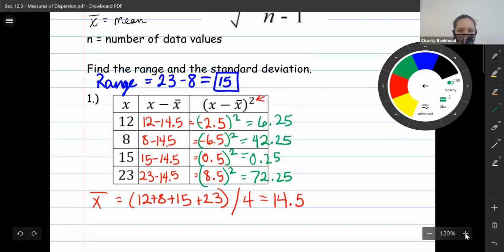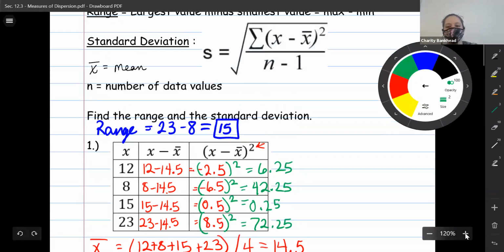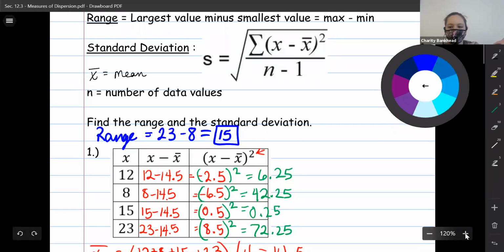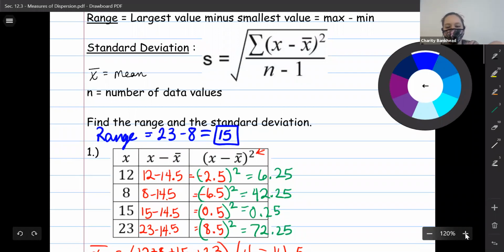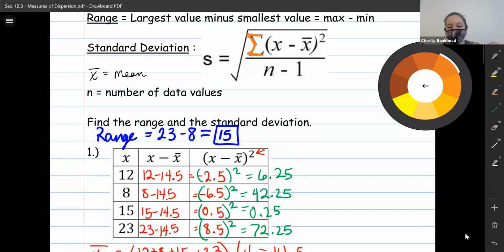All right. So then what we're going to do, this big symbol here that looks kind of like an E, that's actually the Greek letter sigma. And what it means is the sum of. So the sum of x minus x bar squared.